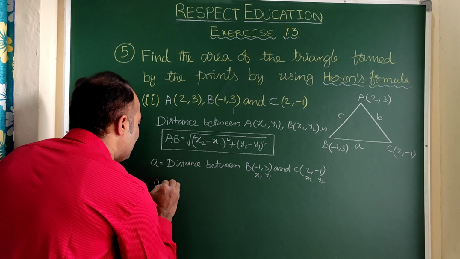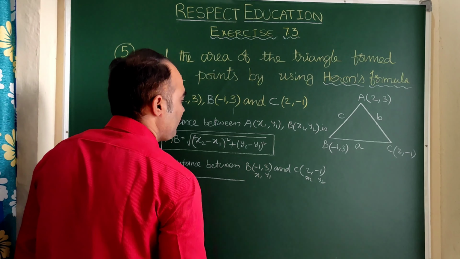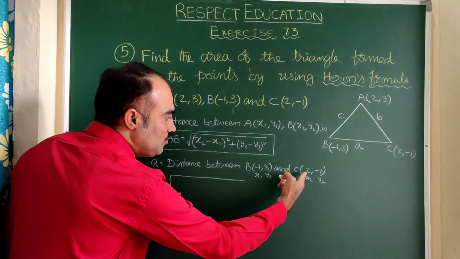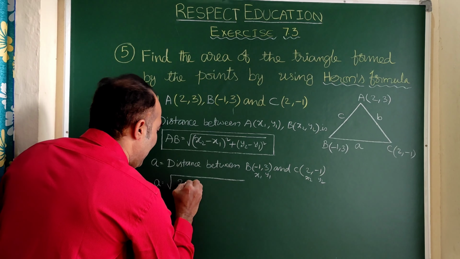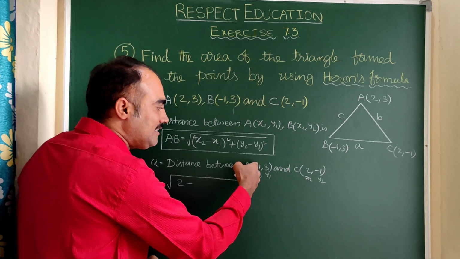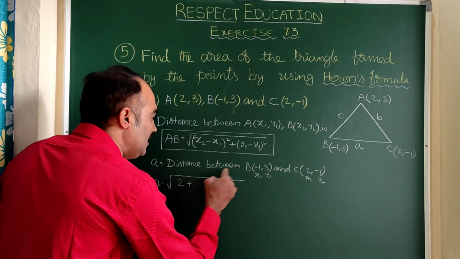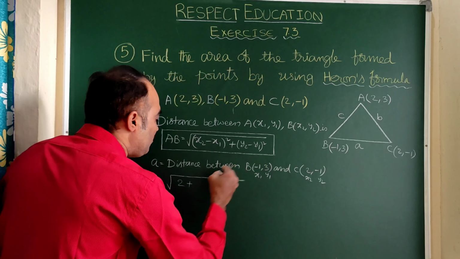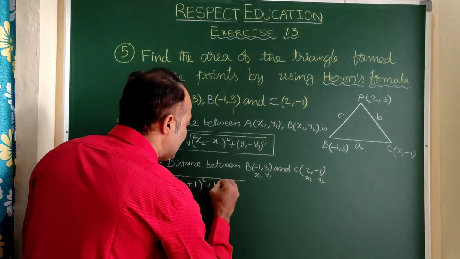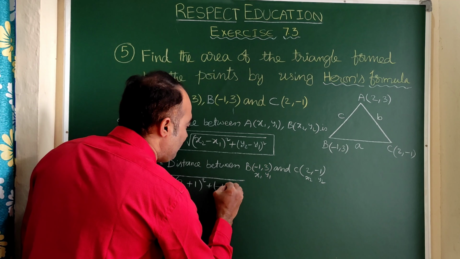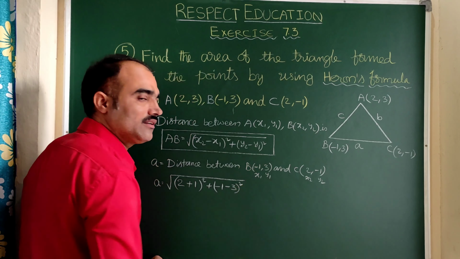So a is equal to under root (x2, here x2 is 2, minus x1). x1 itself has minus, so this minus, that minus becomes plus, so minus 1 becomes plus 1, so it is (2 plus 1) whole square plus (y2 is minus 1 minus y1 is minus 3) whole square.